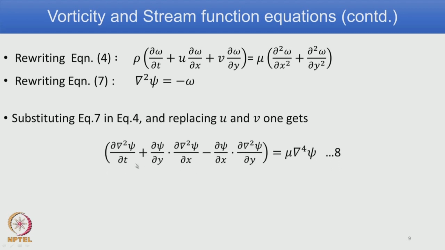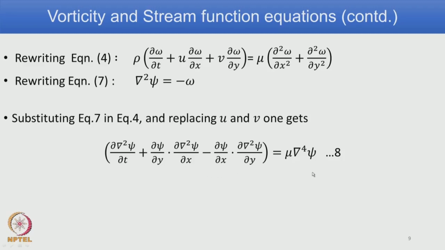We get an equation like this, dou by dou t, and then omega is replaced with del squared psi. Similarly, u is replaced with dou psi by dou y, and so on. Now, the common minus sign is cancelled from the entire equation. So, finally you get an equation like this.